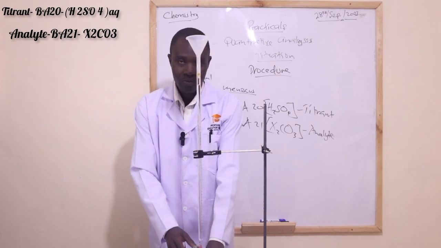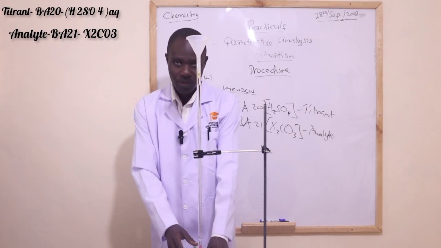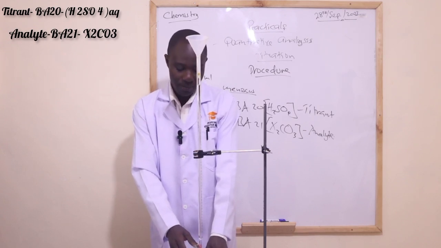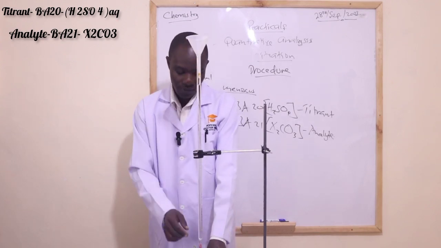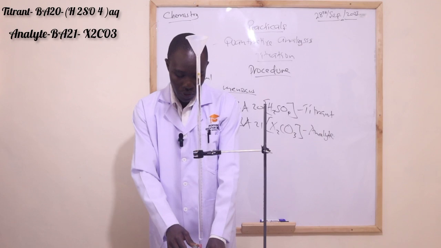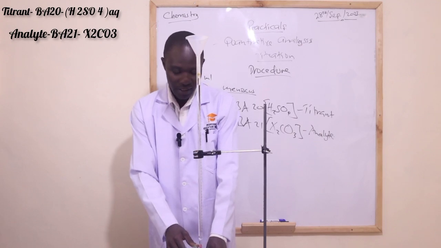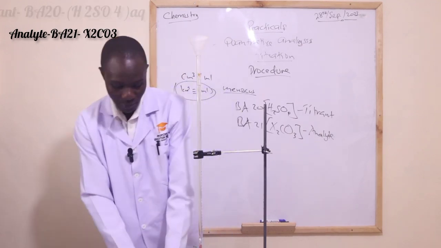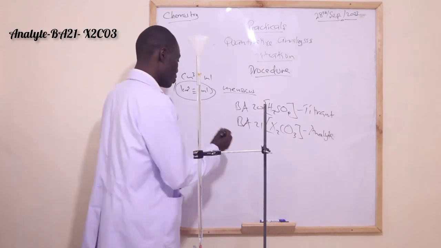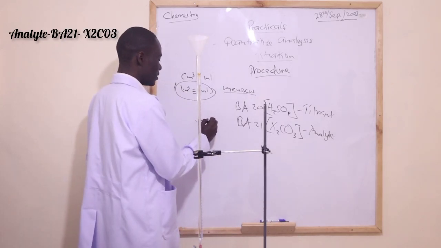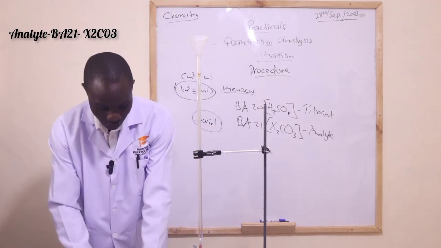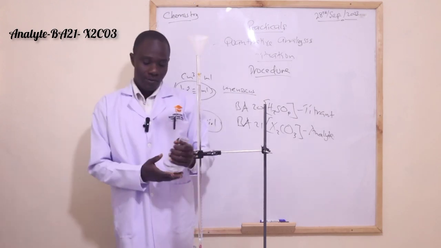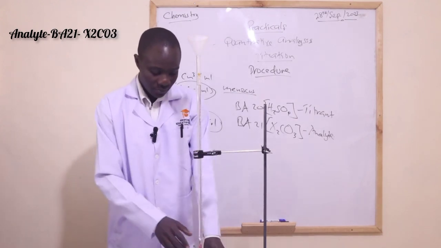As you do that, you will be pressing the burette tap such that you let the contents of the burette onto the conical flask. As you do so, you swirl, the chemical term is swirling, the contents within the conical flask.